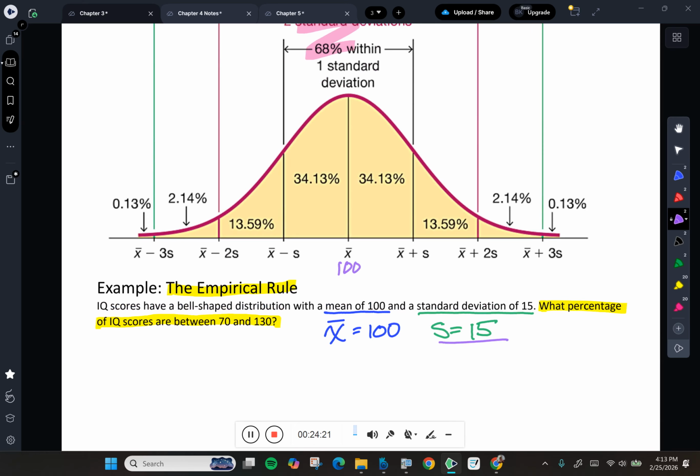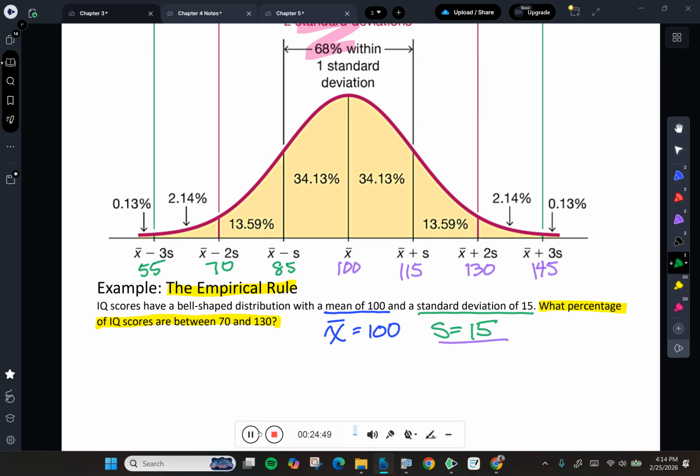And since the standard deviation is 15, this would be 115. And this would be 130. And this would be 145. And similarly, since the standard deviation is 15, this would be 85. And this would be 70. And this would be 55. I'm just adding or subtracting standard deviations based on what it tells me to do.